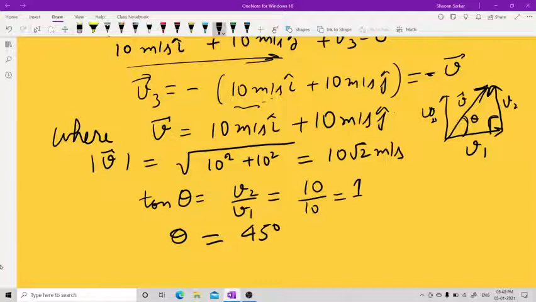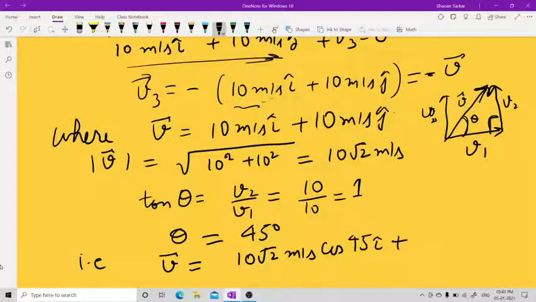That means v is, first observation, v is equal to 10 under root 2 meter per second cos 45 i cap plus 10 under root 2 meter per second cos 45 j cap, because this is 45, this is 45.